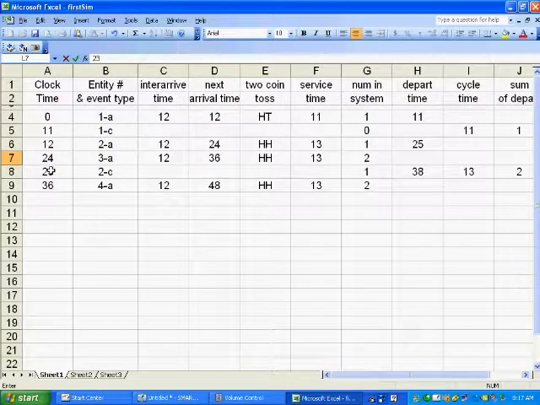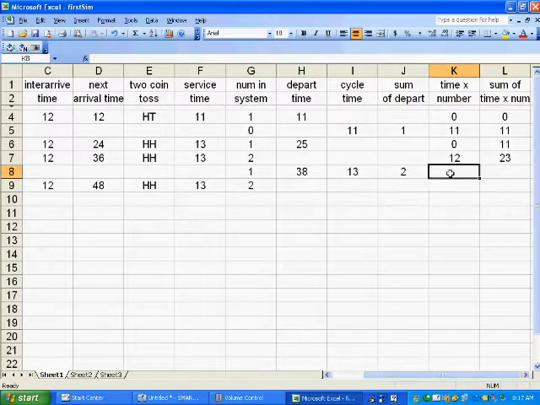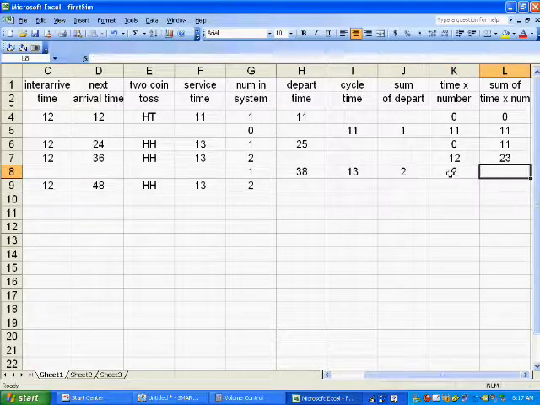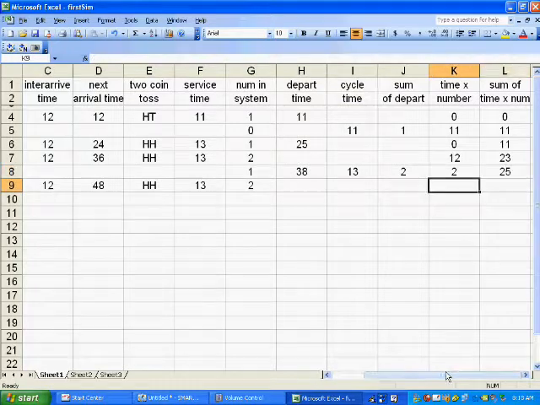Okay, the next time is 25. So how much area are we adding? What's our time increment? 1. Time increment is 1. What's the number that was there during that one time interval? 2. 1 times 2, so we're going to have to add 2. And we get accumulation of 25.